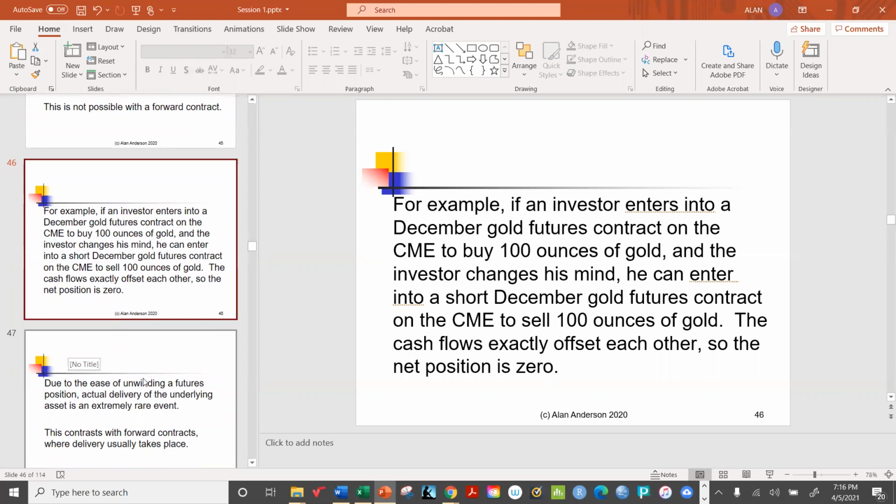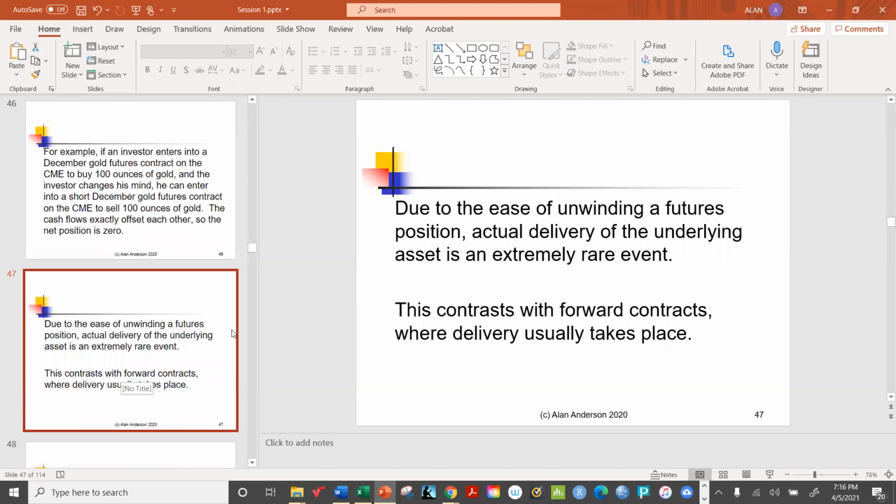Because it's so easy to unwind a futures position, in most cases the underlying asset is not actually delivered, meaning that the positions are almost always unwound before the delivery date arrives. With a forward contract, it's the other way around. You almost always see delivery taking place because it's so hard to get out of this position.